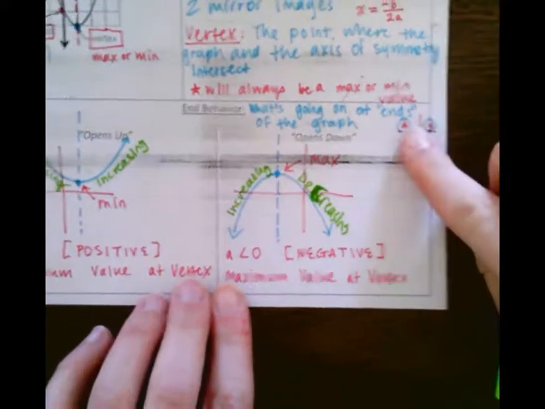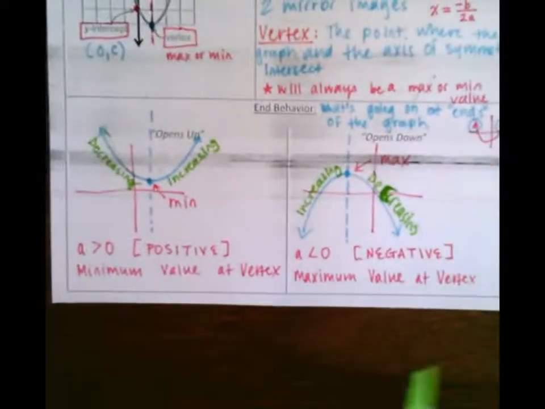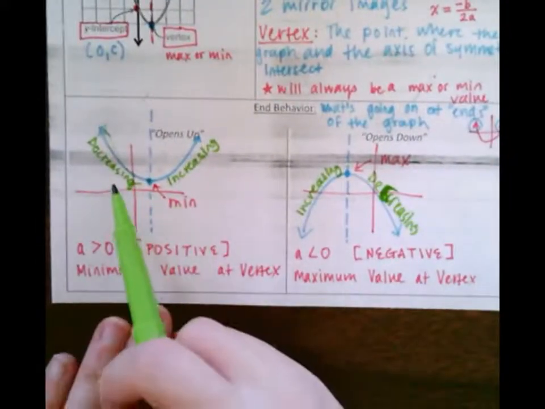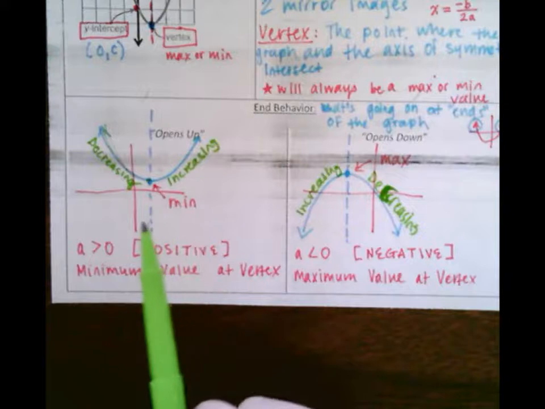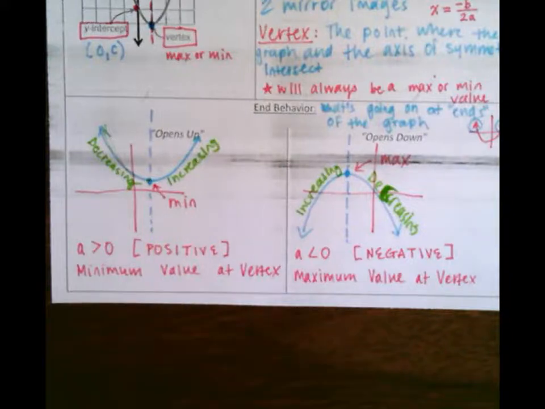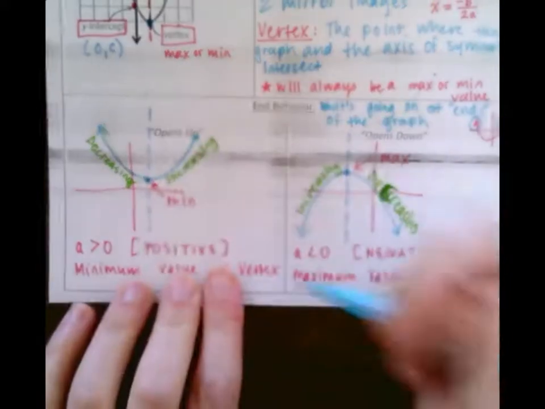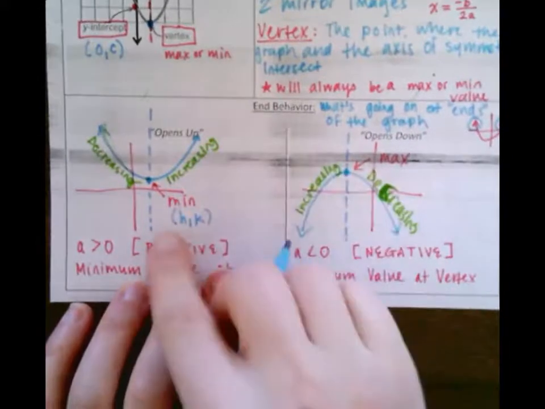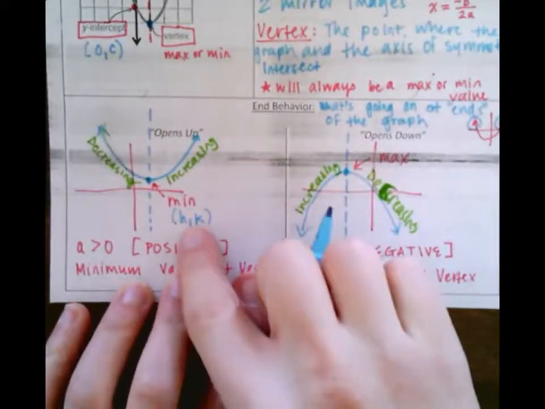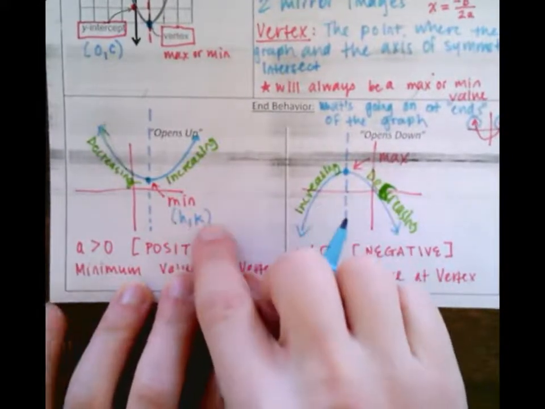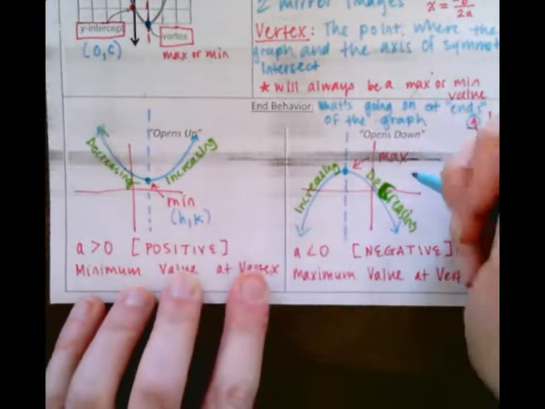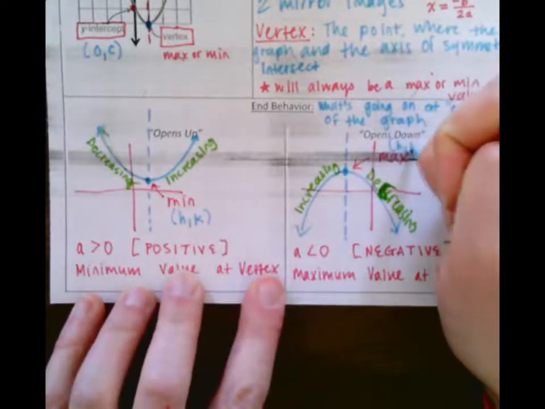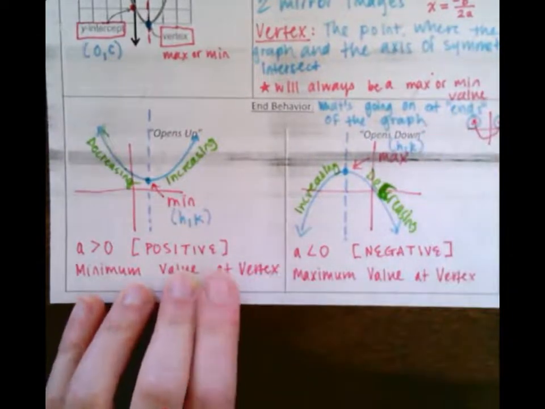And the last thing I want to address here is how do we deal with the notation of describing a decreasing or an increasing interval? Suppose I'm going to give this vertex the point H, K. H and K are letters we typically use to describe the vertex, but we can imagine H and K are specific numbers on this graph. Same for this one, if we call this the point H comma K as our vertex.